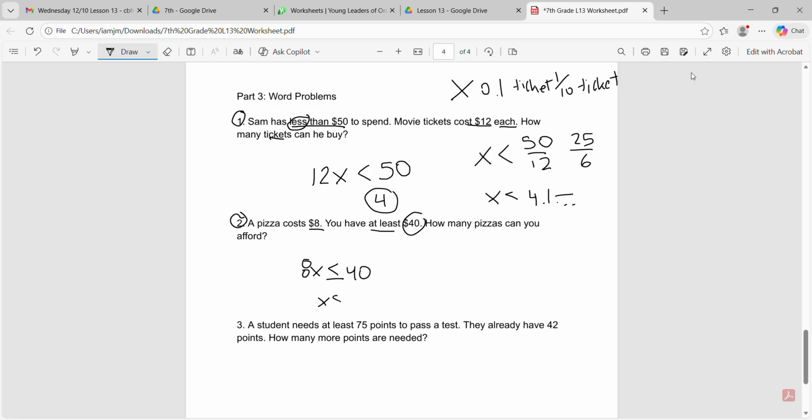So divide both sides by 8 and you get, wait, sorry. 40 divided by 8 is 5. You can afford 5 pizzas.